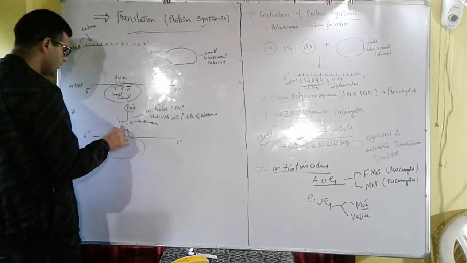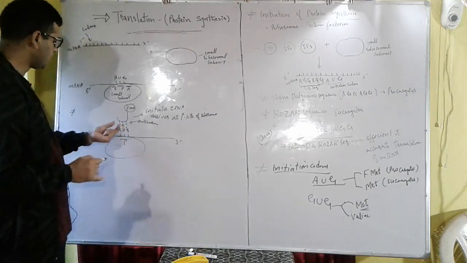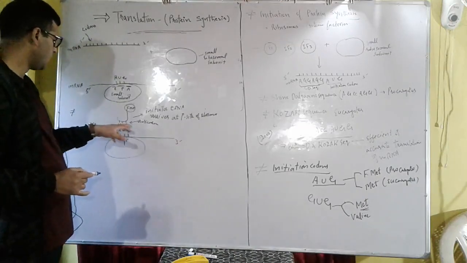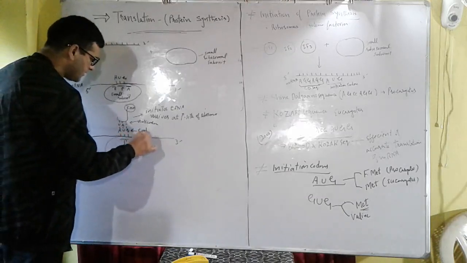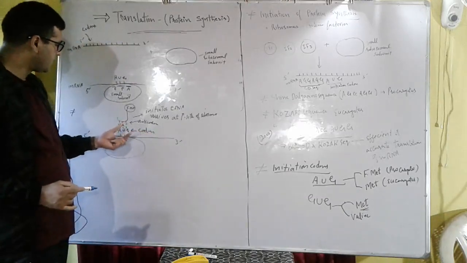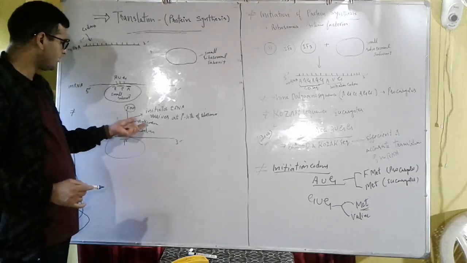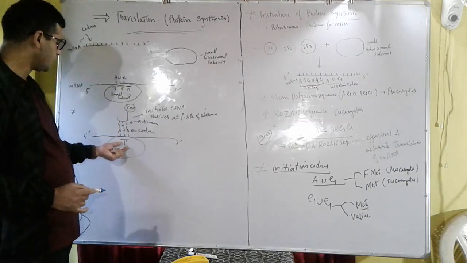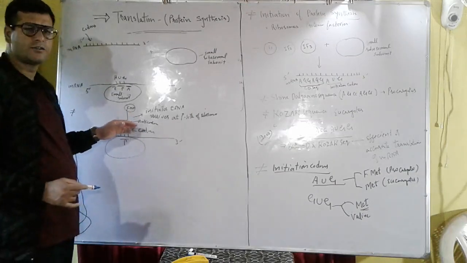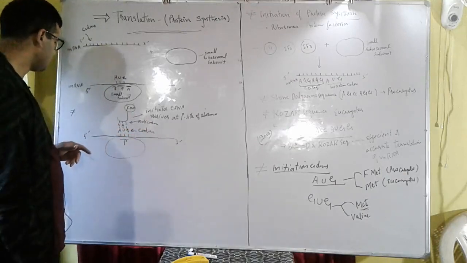G links with C, U links with A, A links with U. So the linkage between the anticodon and the codon of mRNA is established at the P site, because the first tRNA arrives at the P site of the ribosome.